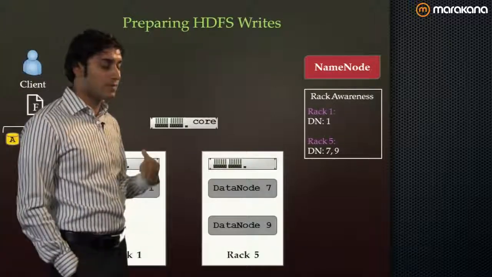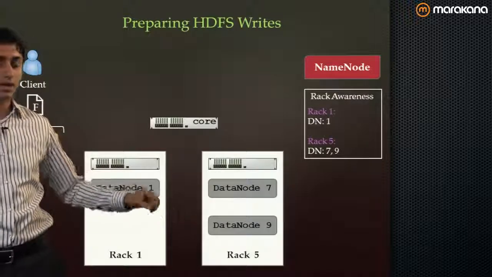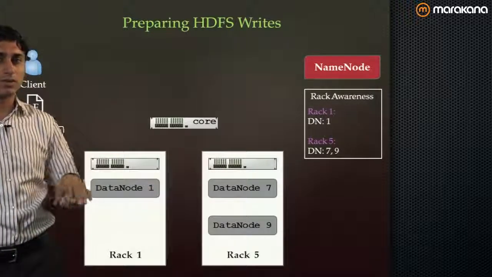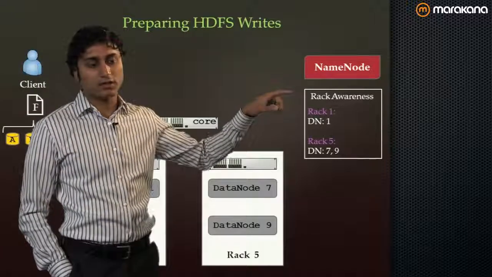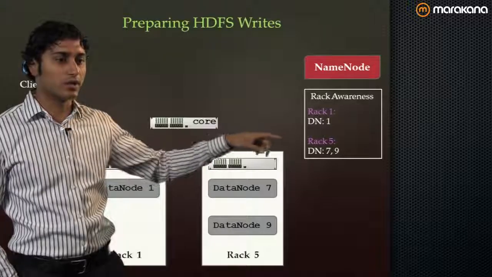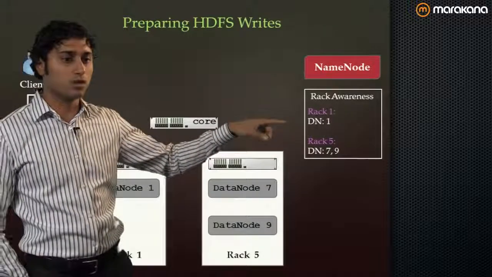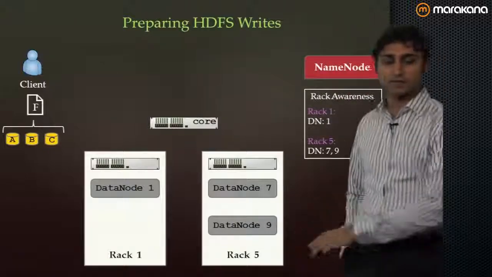However, keep in mind that each rack does have more data nodes, and this is a bigger cluster, but I've removed all of the actors that will not play a role in the write we're going to do for this file. I've also moved the name node out of the cluster. Keep in mind the name node is rack aware. It knows that data node 1 is on rack 1, and data node 7 and 9 are on rack 5.